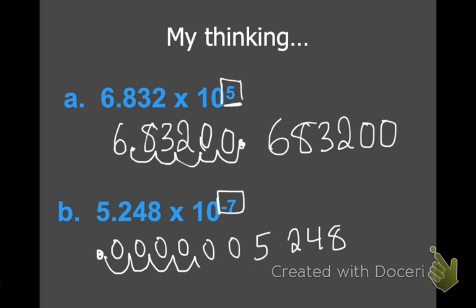Okay, so my new number is 0.0000005248. It's a very, very small number. Okay, so that was me going from scientific notation to standard form.